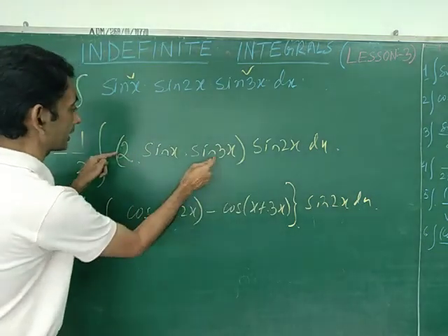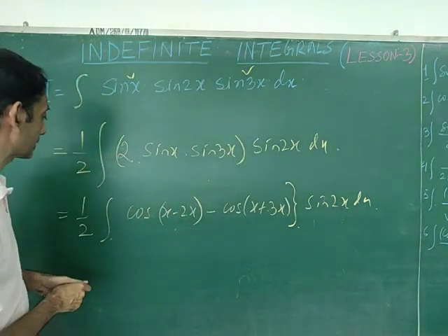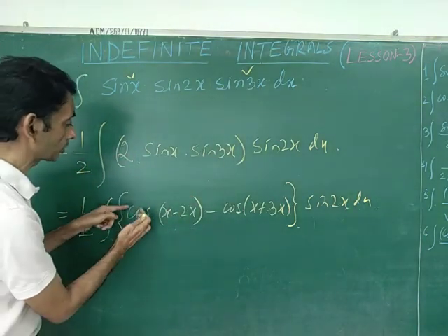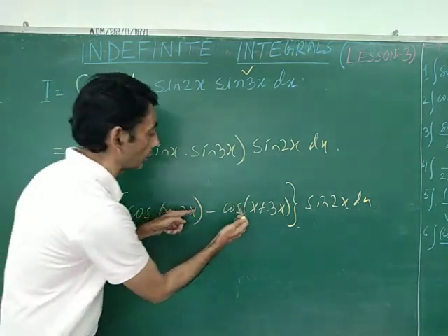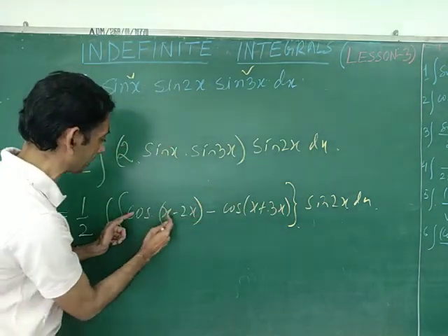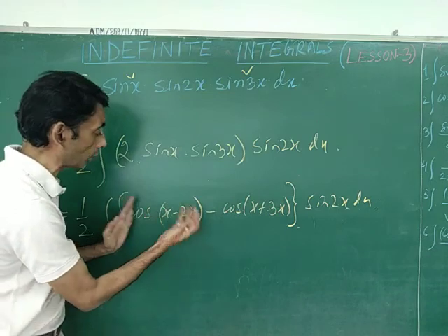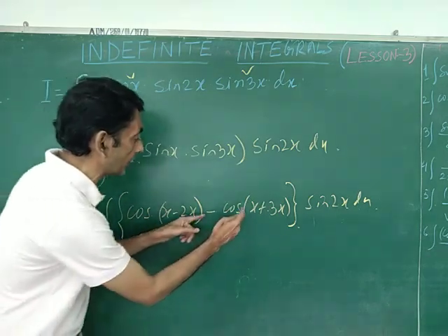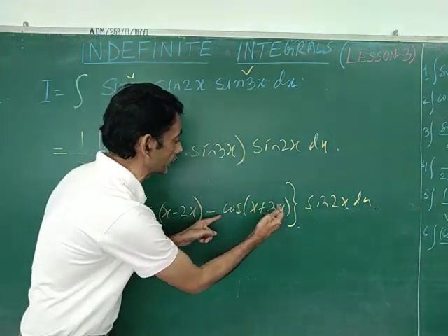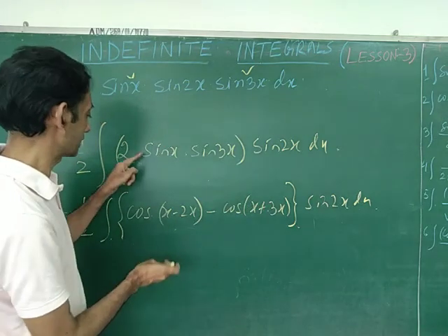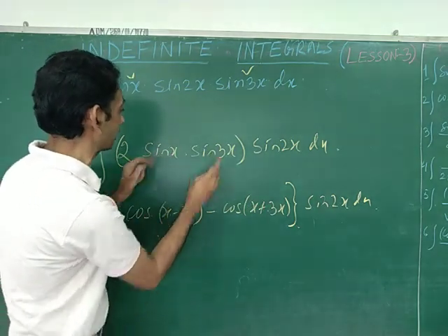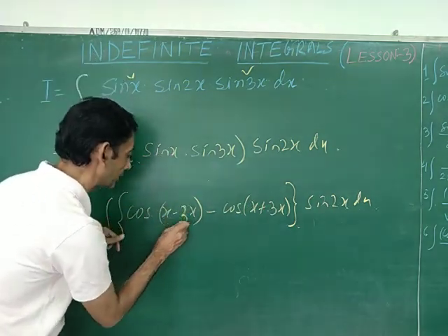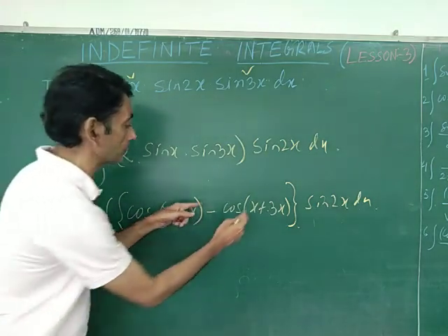For 2 sin a sin b, we're using this formula, cos(a minus b) minus cos(a plus b), because cos(a minus b) means cos a cos b plus sin a sin b, and cos(a plus b) also gives the first term cos a cos b. Actually this will be x minus 3x, and this will be x plus 3x.